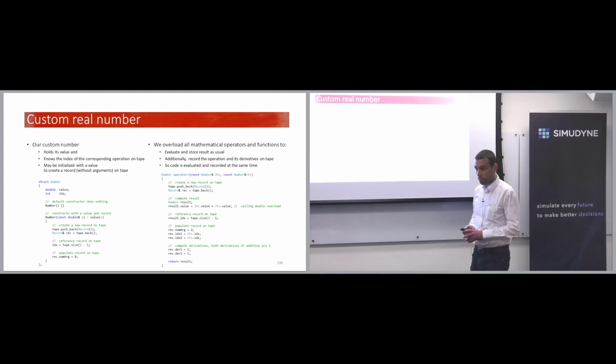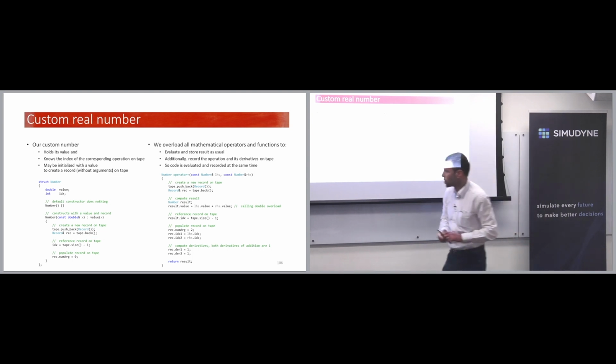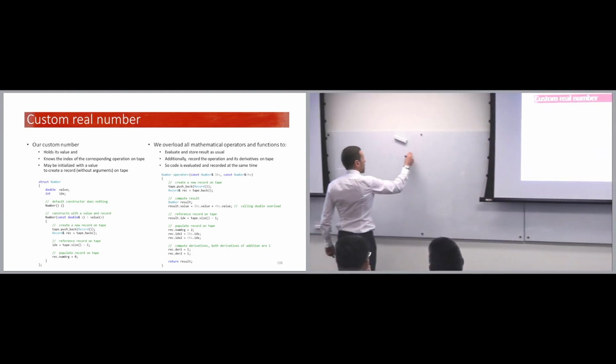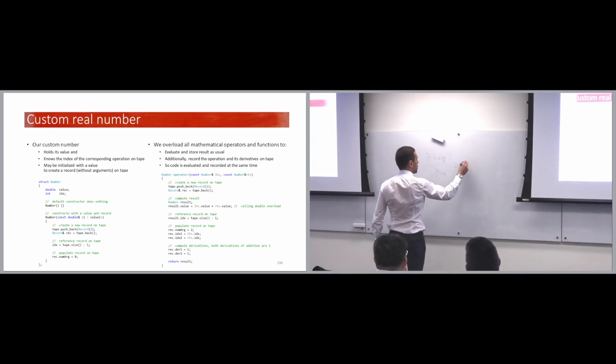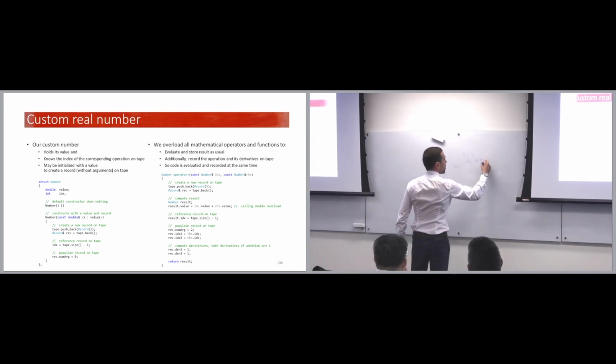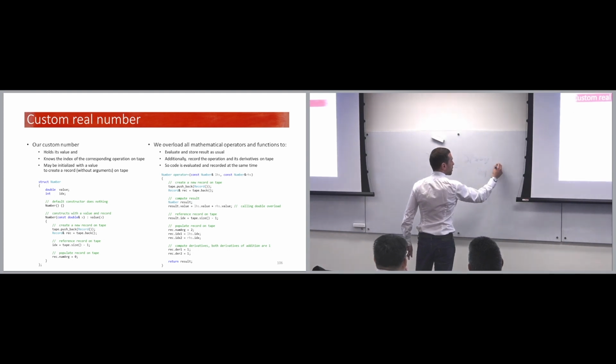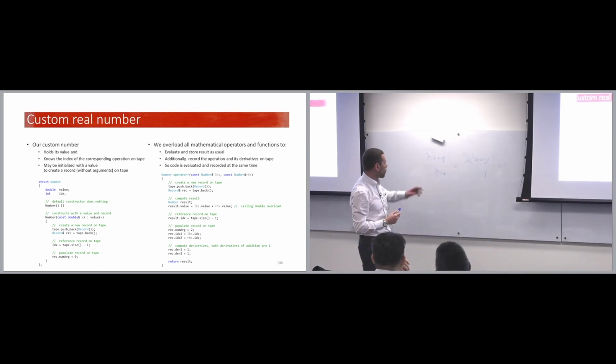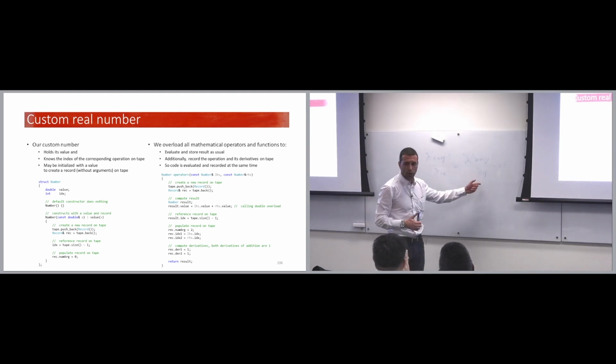What's the derivative? 1? The derivative of an addition, d(x+y)/dx is equal to d(x+y)/dy equal 1, no? That's the derivative of the result of the addition with respect to the left-hand side and right-hand side parameters.